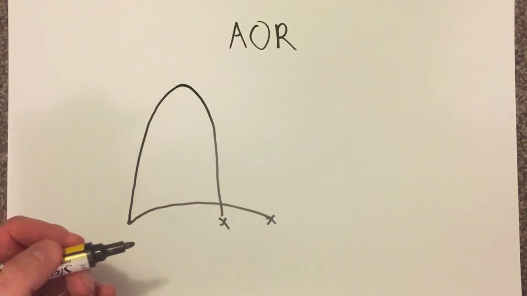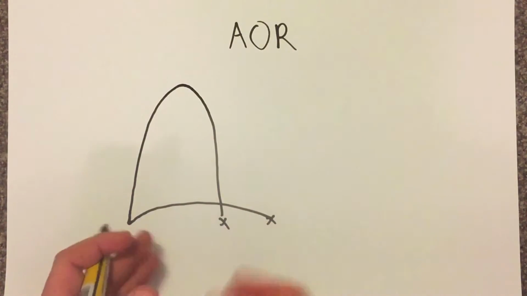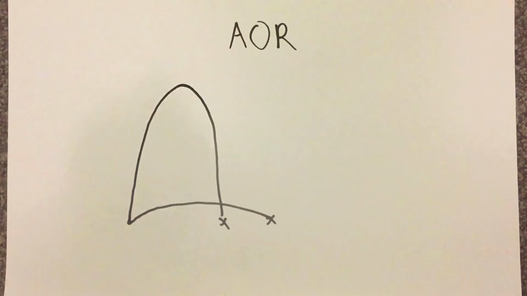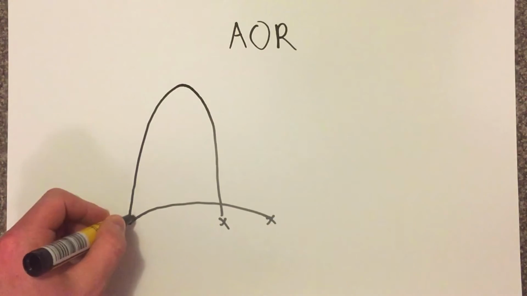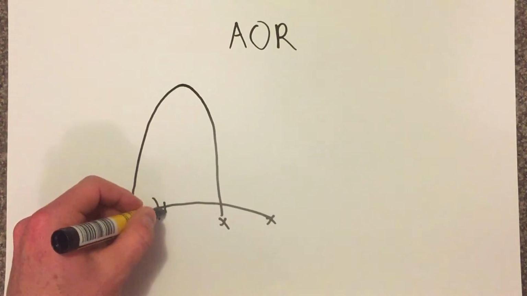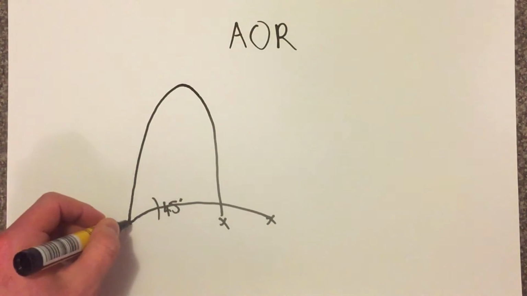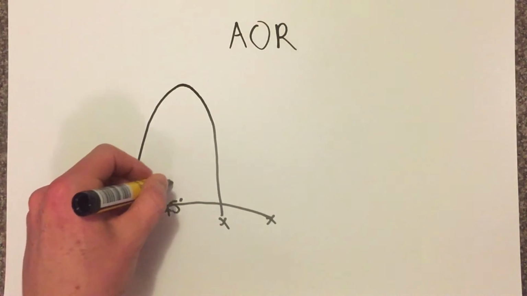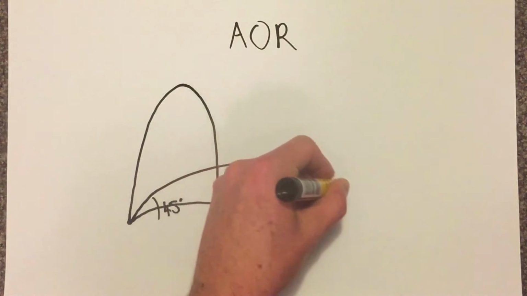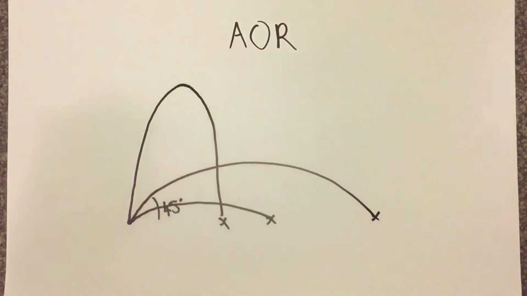It'll have a lot of flight time, but it won't have very much distance or vertical displacement. However, if we use the optimum angle, which is approximately 45 degrees, you'll see that the trajectory of the projectile is much, much better. Get a lot more distance, a lot more flight time.